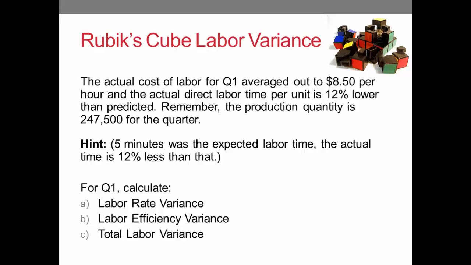So maybe there was some sort of process improvement technique that was used and it lowered our time. And that seems like it would be a good thing. So for Q1, calculate the labor rate variance, the labor efficiency variance, and the total labor variance.